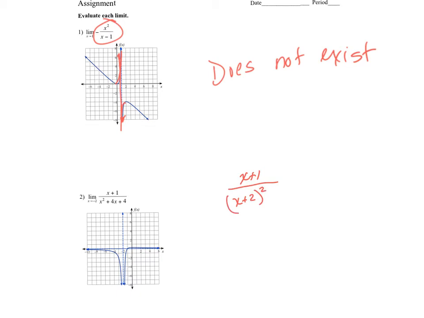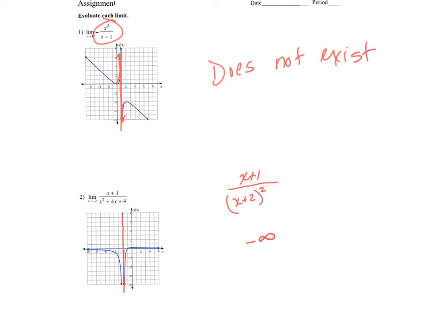We can't cancel the basement. Again, you are asking for the limit as it approaches negative 2, which is the asymptote. In this case, both sides of the graph go to negative infinity, so the limit is negative infinity.